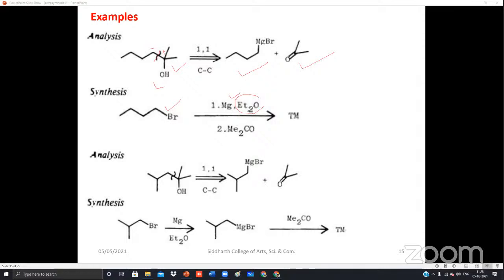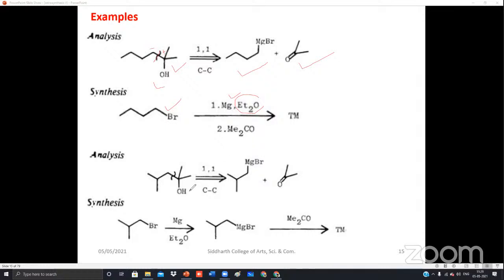You need not prepare it separately and then add it externally. In the same flask, you can add the acetone; that is what we call in situ preparation. Or there are some Grignard reagents available in bottle grade. You again have to use very dry conditions for these reactions because it is such a sensitive reagent. Moisture can quench that particular reagent.